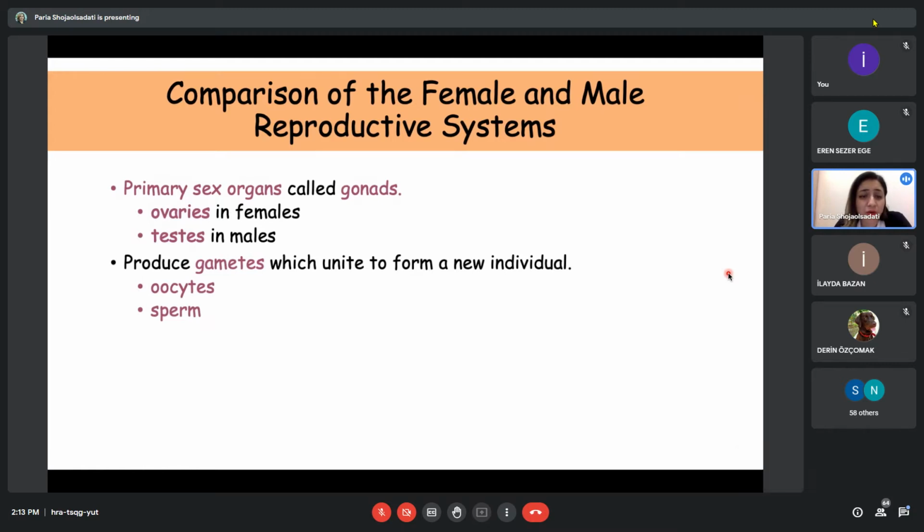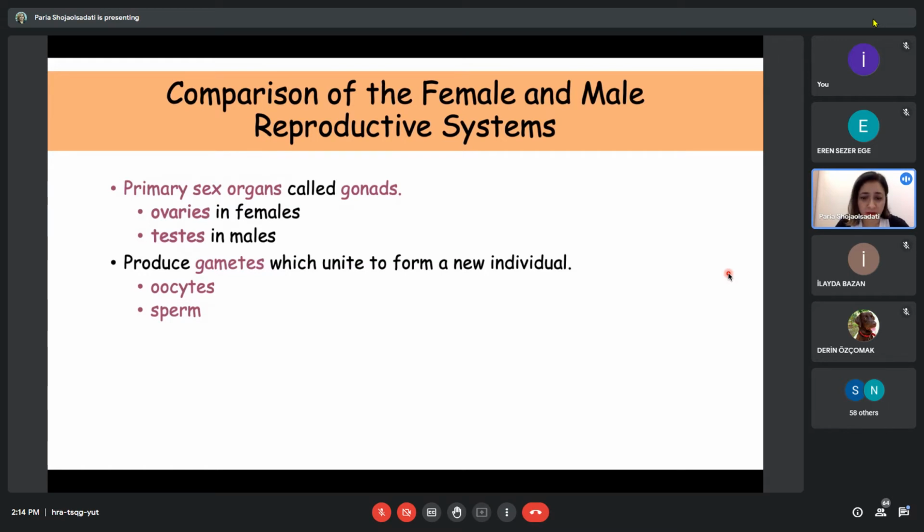These two glands produce the gametes, the units that unite to form a new individual. Gametes made by the ovaries are named oocytes, and gametes made by the testis are named sperm. At the same time, these two organs work as glands because they secrete sexual hormones.